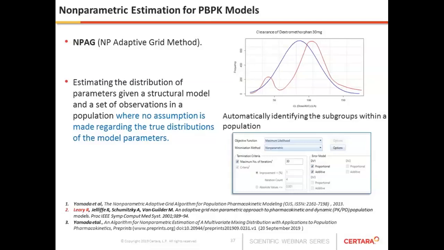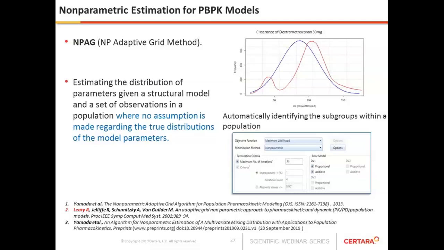As you see in this plot, we see a distribution of the clearance of dextromethorphan, where we have two subpopulations for 2D6 abundance values. So the non-parametric methods are able to automatically identify these subgroups within the fitting process.